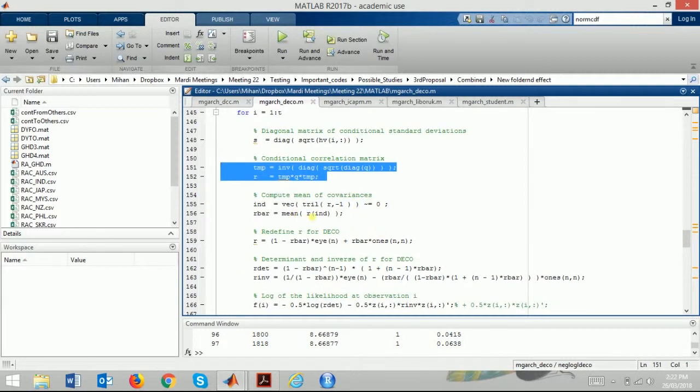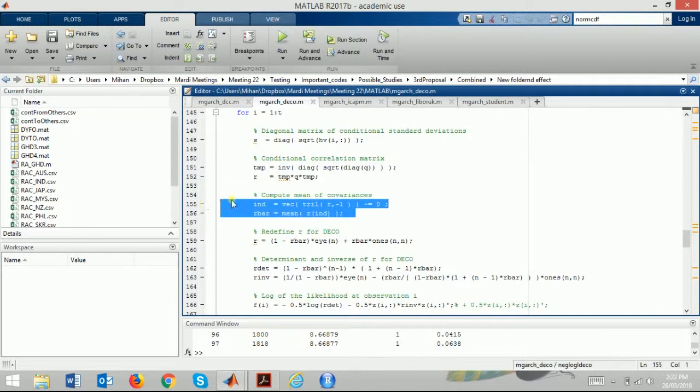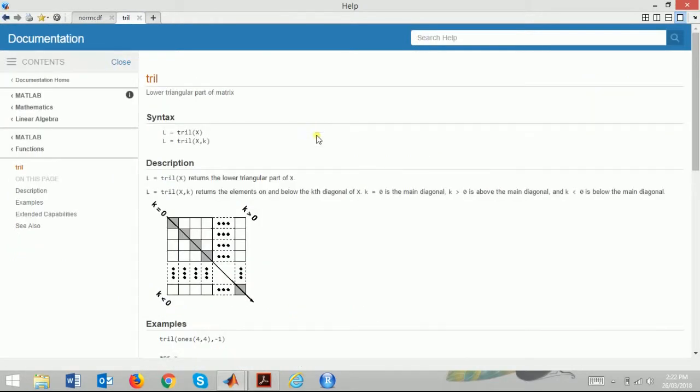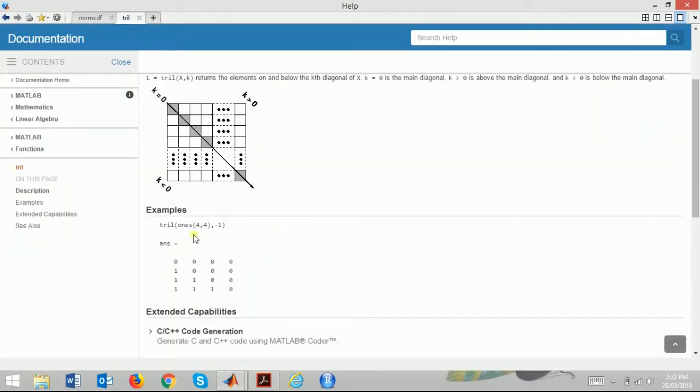Vec of tril of R minus 1 something, I'm not sure what this is. Vec is vectorization. Tril is a function. Okay, tril is the triangular representation of R minus 1, which equals 0. I'm not sure if tril is there. It takes the lower triangular part of a matrix. Tril of ones, n by n, minus 1.